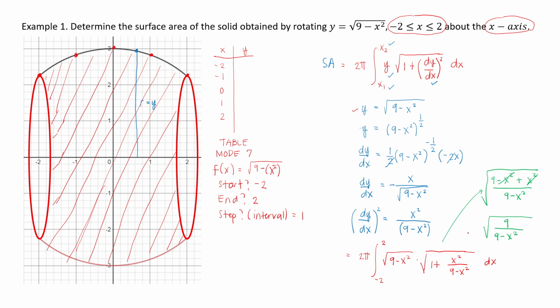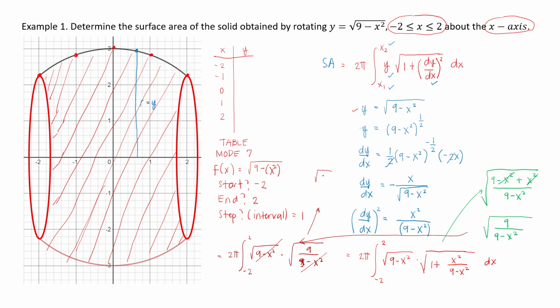So if I'm going to multiply this one with the other factor, this becomes 2 pi integral of negative 2. So square root of 9 minus x squared, then multiplied by square root of 9 over square root of 9 minus x squared. So I can cancel out this one and this one, di ba? Because this one can be separated into two radical expressions.